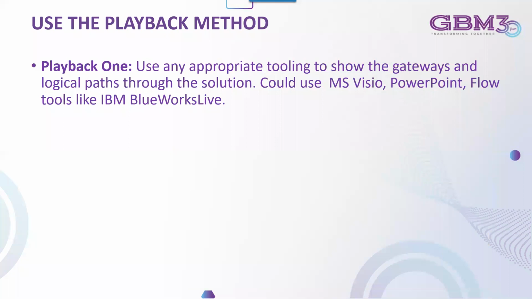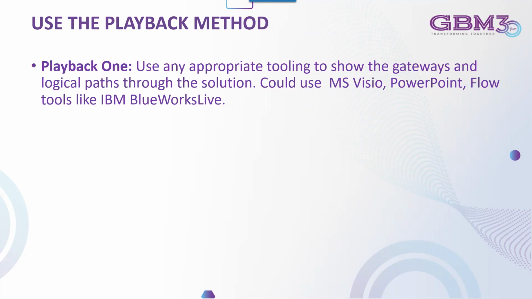So playback 1, we then start to actually begin to use some tooling. At this stage, we're wanting to show the logical paths, show the gateways, so show at least the if-then-else type routing, either within code or within processes.